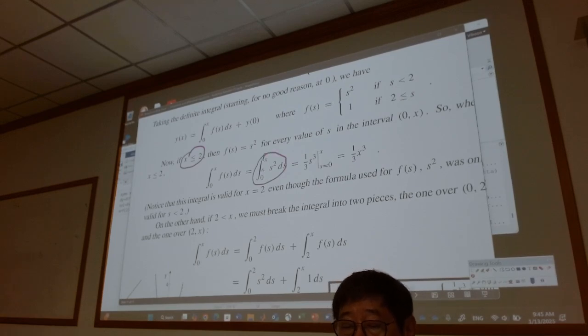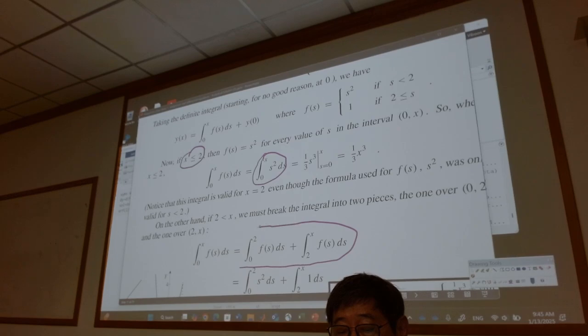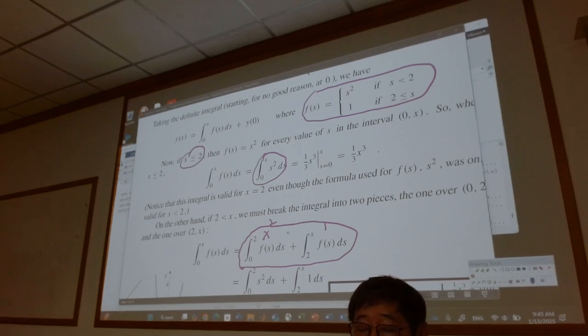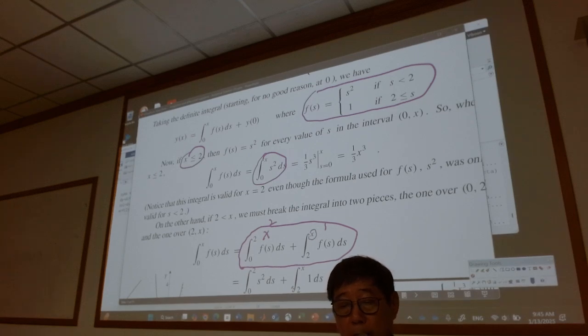If x is greater than 2, you have to use both of them, right? X squared, this one. If we assume x greater than 2 anyway. Understand?